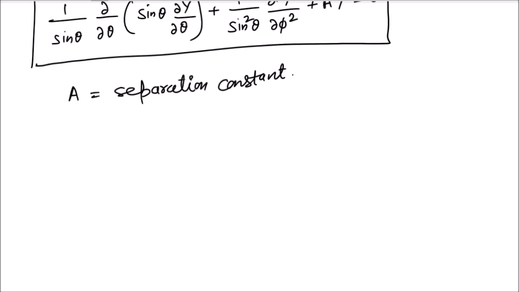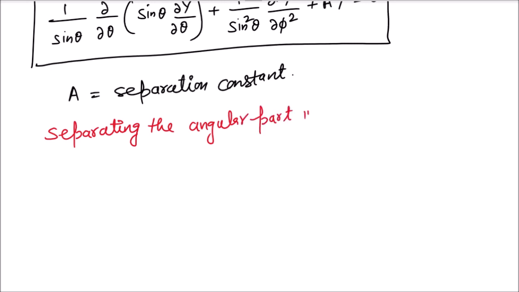Now, after separation of the radial and angular parts, let us separate the angular part into polar and azimuth parts.